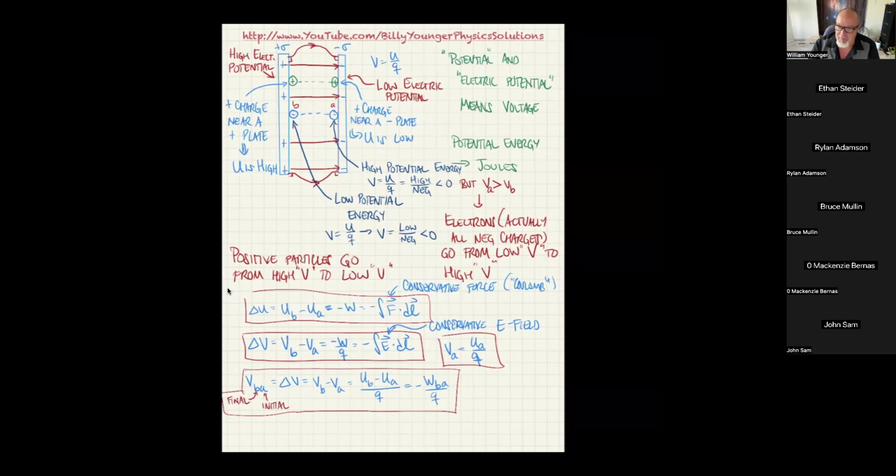The same thing happens with objects in nature. Particles, electrons, positrons, protons, all of these things generally move in a direction of decreasing potential energy on their own. Otherwise, they stay perfectly still. If you want them to move to a place where the potential energy is increased, something's got to do work on it.